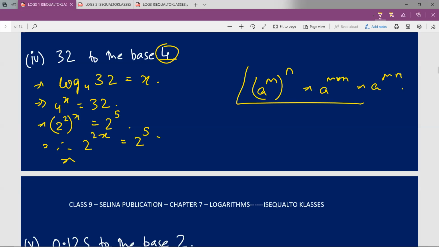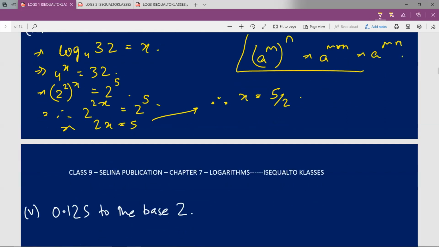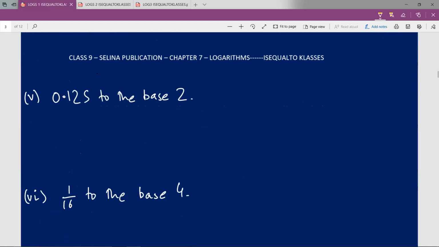According to some law of exponents, I do not recall which law, if the bases are equal on both LHS and RHS, we could write this as 2x is equal to 5. So therefore, x will be equal to 5 upon 2. You got that? If you haven't gotten that, you could rewind the video a bit, see all the process, how I solved the fourth subpart again, and then you'll be able to understand.